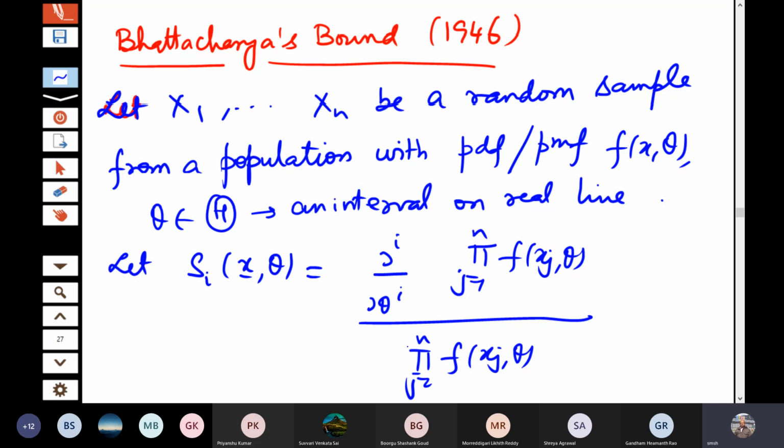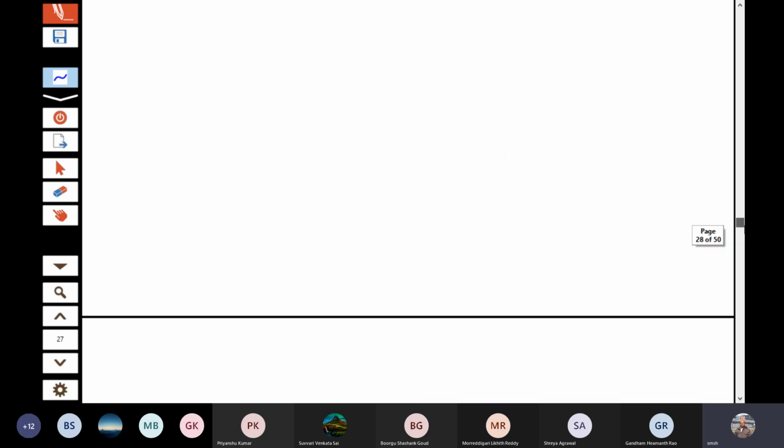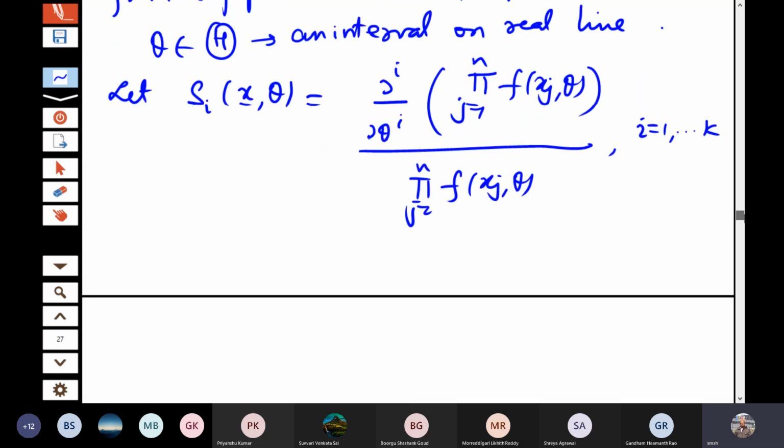So we had taken actually log there and summation was put there. Now since it is a higher order derivative, I am writing it in the product form. So the ith order derivative with respect to theta of the product, divided by the product. And this I am defining for i equal to 1 to k. That means we can go to k equal to 2, we can take k equal to 3 and so on.